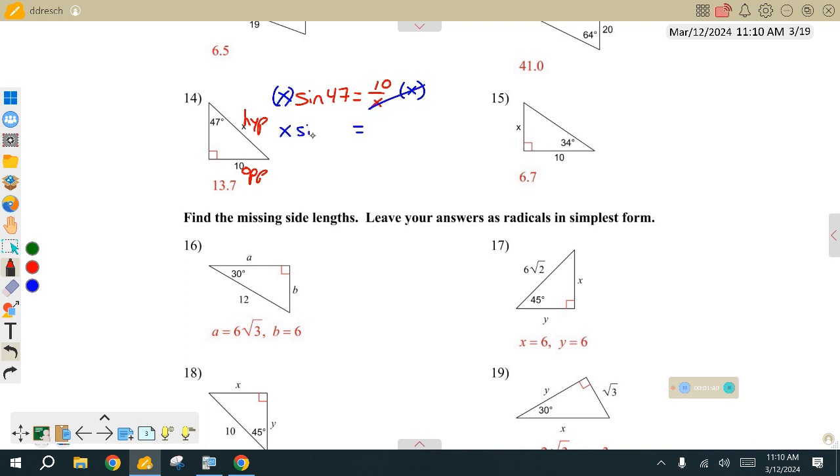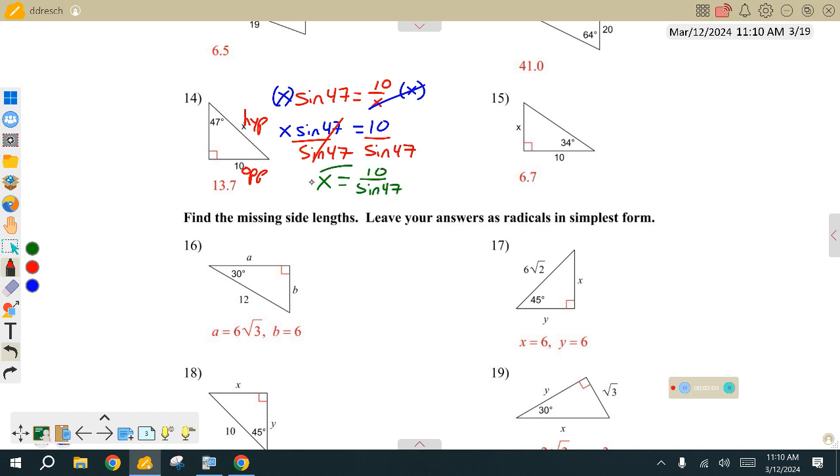Now we still have to solve for x. How do we get rid of that sine of 47? We divide. I don't need to show this every single time. We saw the pattern where x is equal to 10 divided by sine of 47.